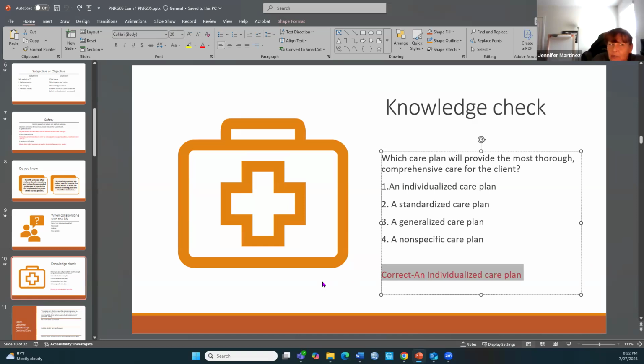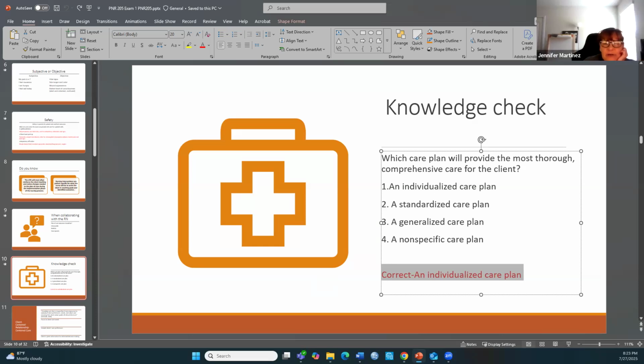What's a standardized care plan? It's going to be kind of customary, based around the diagnosis. Right. It's more like your textbook care plan, right?